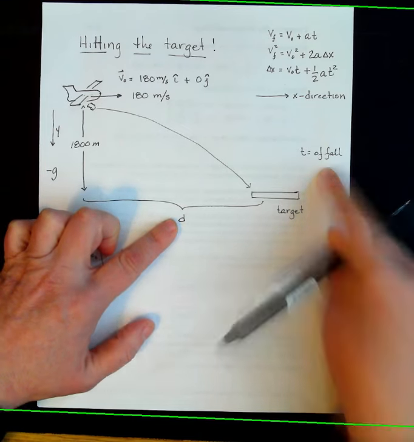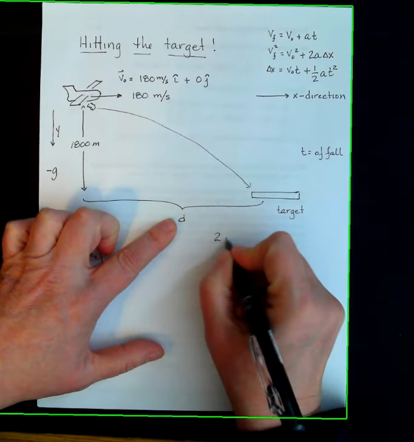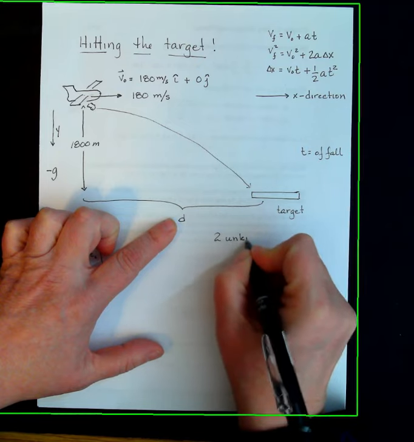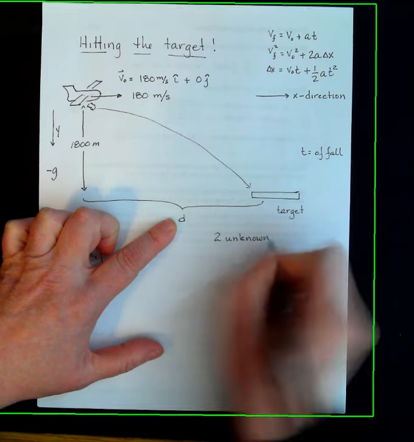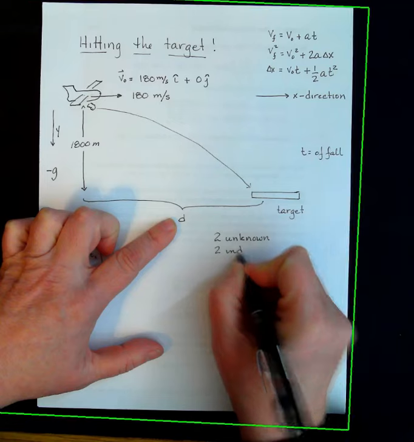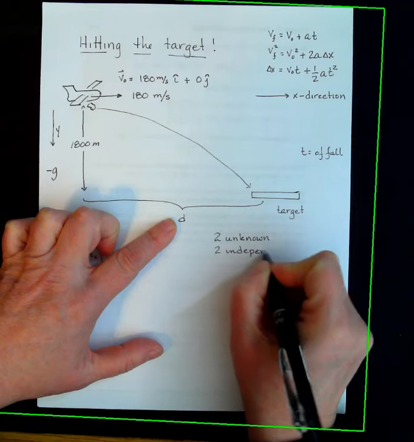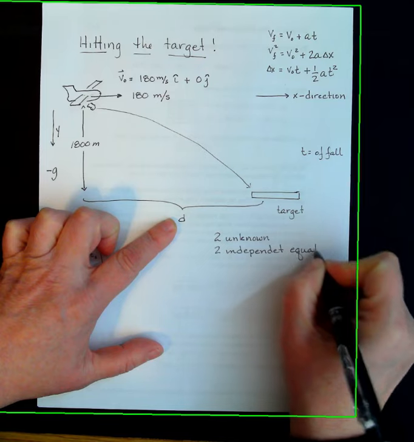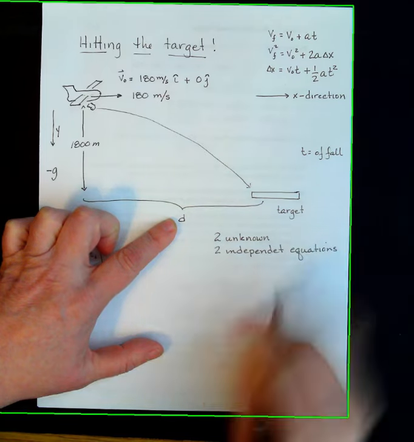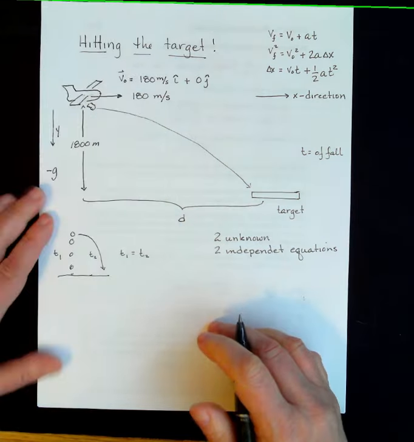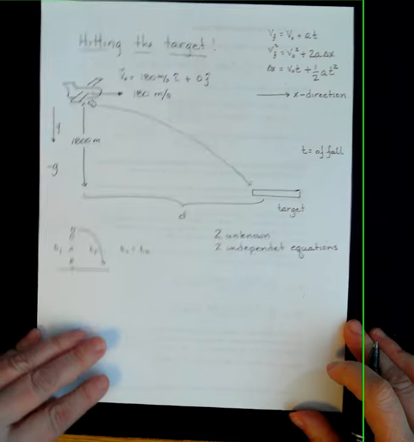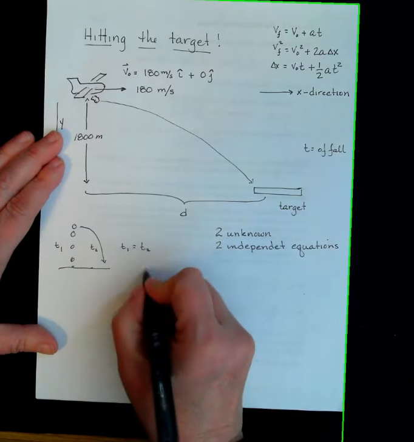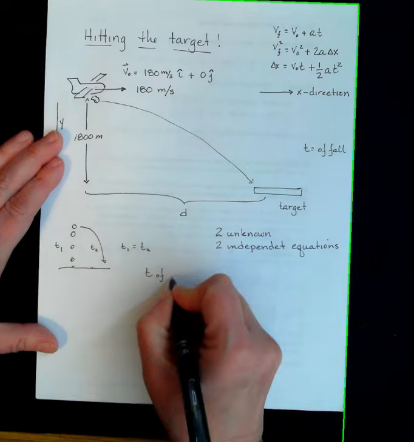If I have two unknowns, I'm going to need two independent equations to solve for those two unknowns. And I do have independent pieces of motion here. So the first thing I want to do is solve for the time of fall.